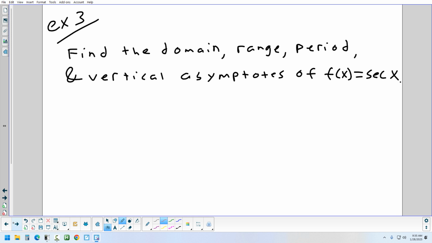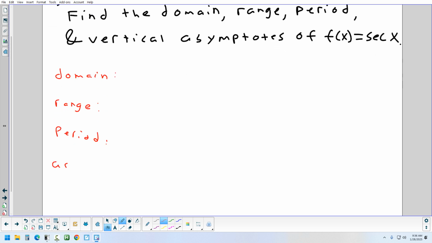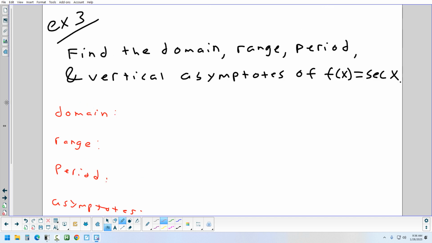It just says find the domain, range, period, and asymptotes of the regular secant function. Let's start with the period.